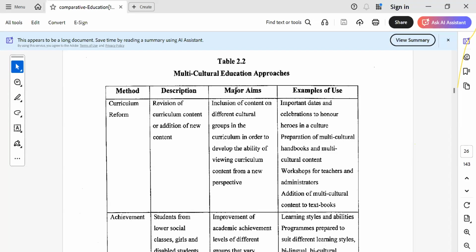So they have included these concepts into the education, and they are trying to work on the attitudinal side. Examples of use: important dates and celebrations to honor heroes in the culture, preparation of multicultural handbooks and multicultural content, workshops for teachers and administrators, addition of multicultural content to textbooks.